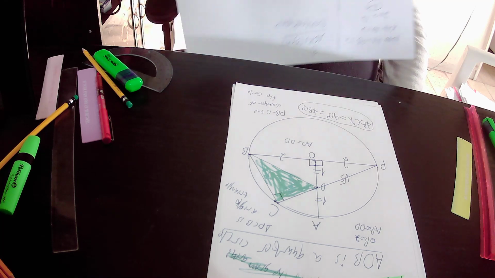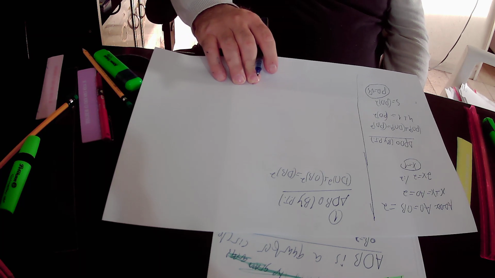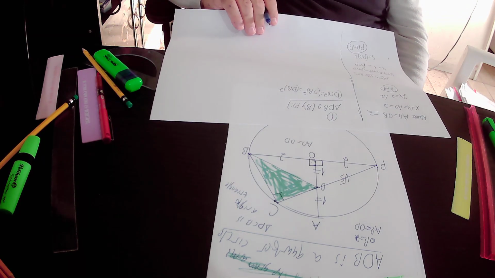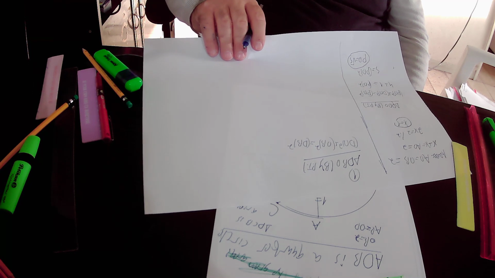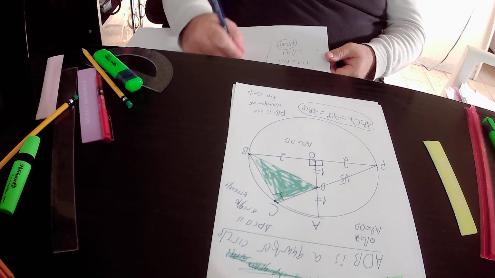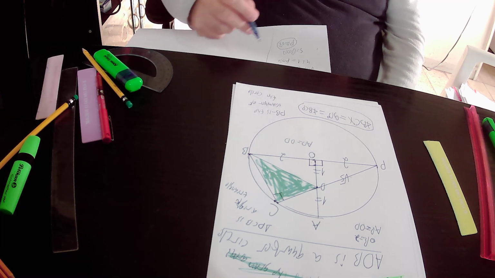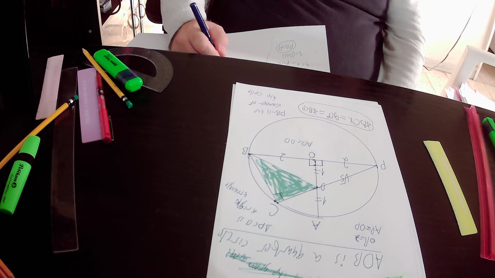So in the right triangle DBO, DO square plus OB square equals DB square. DO equals 1, so DO square is 1 squared, that is 1, plus OB square. OB equals 2, so OB square is 2 squared, that is 4. That is equal to DB square.